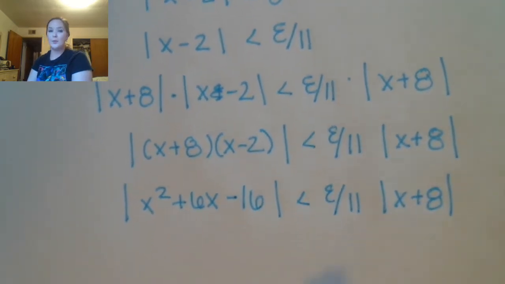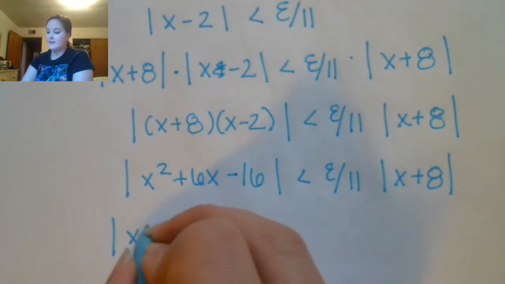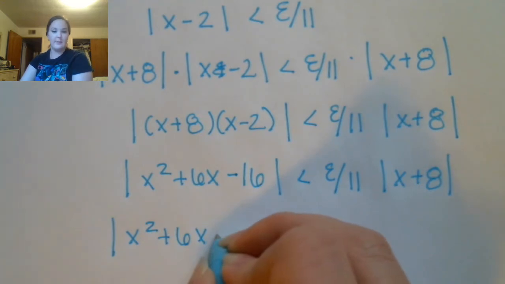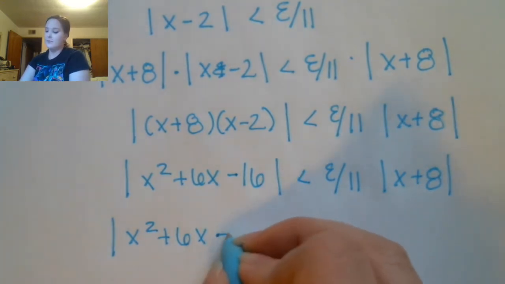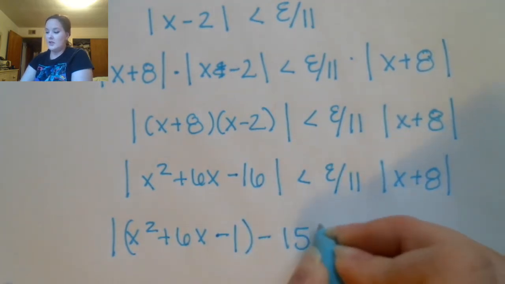I'm going to rewrite this in the exact format that's f of x minus L. For this function, f of x was x squared plus 6x minus 1, and L was 15.